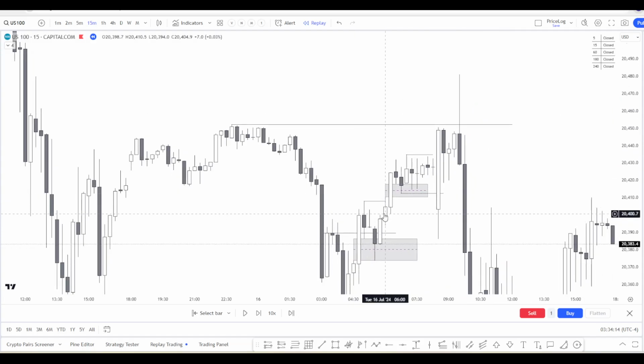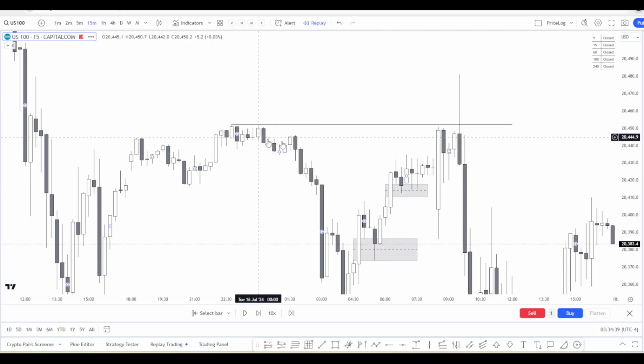Here we see that this is running this high with displacement. That's a run on liquidity. And right after we see a sweep of liquidity. This right here goes up above and closes down below, meaning that there is no volume, there's no displacement, there's no reason for it to actually go that much higher.